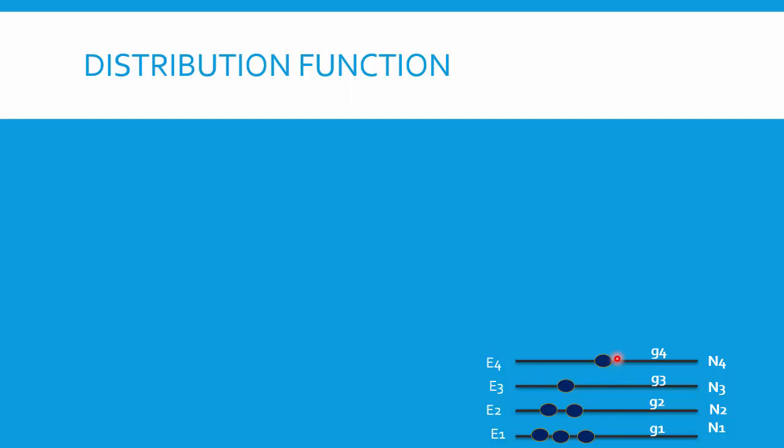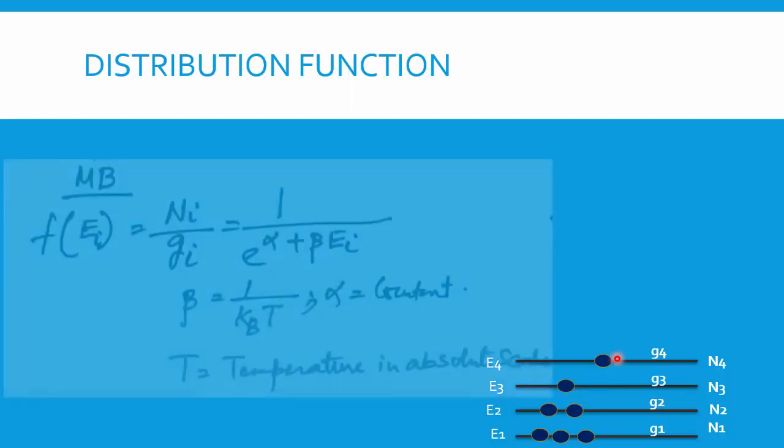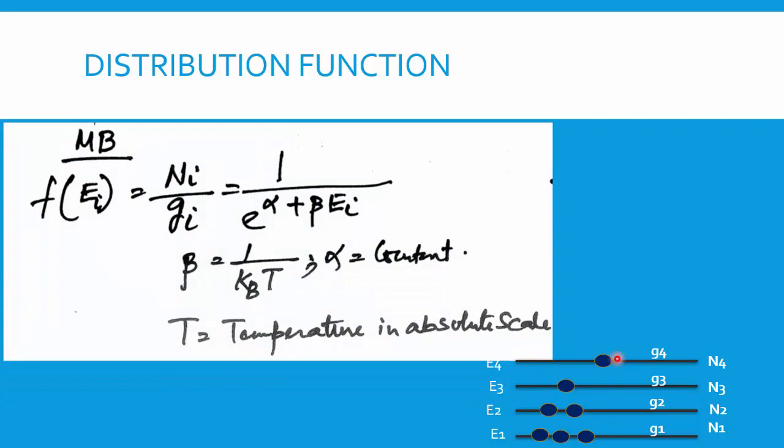When this distribution changes as a function of temperature, it might happen that the particles distribute in the energy levels in a different way. Some particles, because of the temperature, might go to a higher energy level. So when the distribution of the particles depends upon temperature, that is called the distribution function.